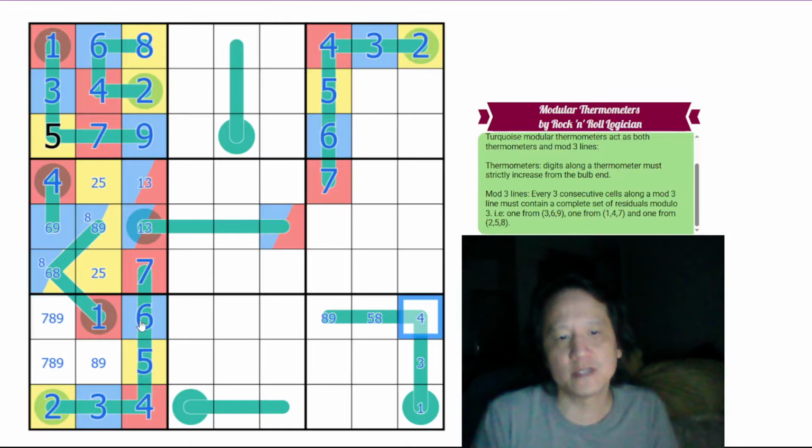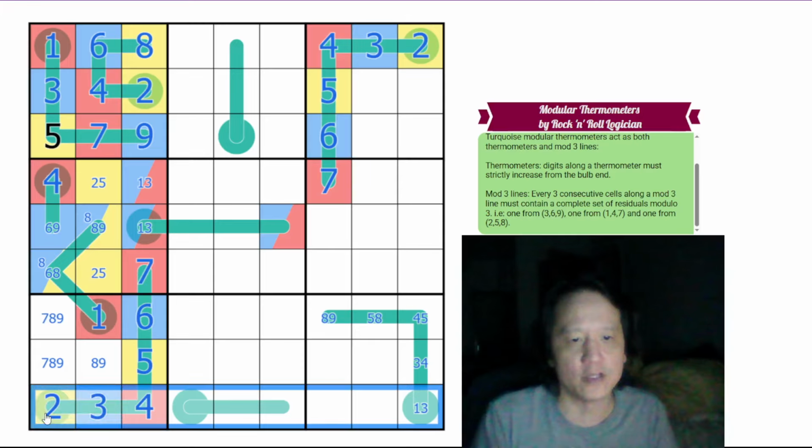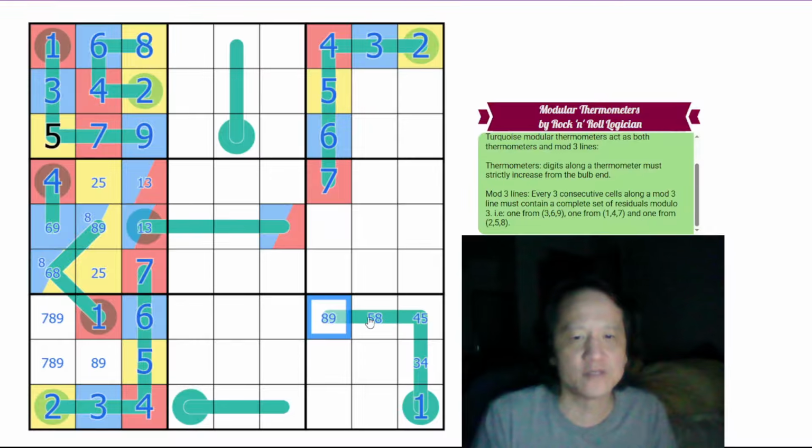So it can't be 7, it can't be 6, it has to be 5 at most. This is 4 then, and this is 3 at most. Cannot be 3 because of the 3 in the row, so this must be a 1. So this is 1 guaranteed.